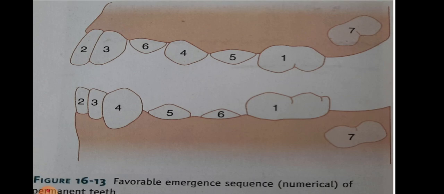If any tooth has erupted early or late, succeeding teeth, say permanent incisors, canines, and premolars, will also be early or late in their eruption.